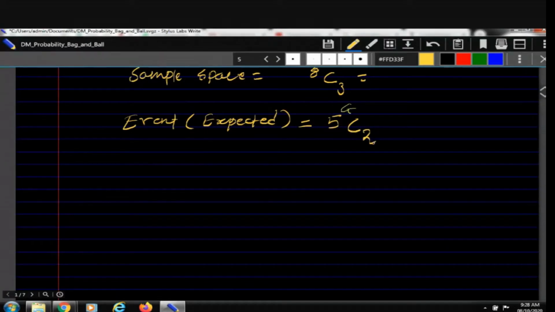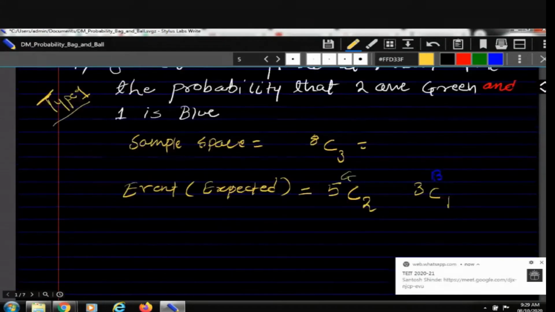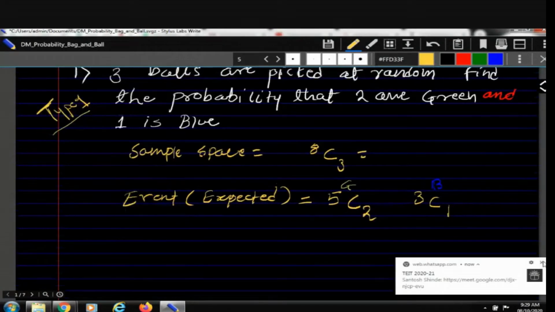Out of five, he is picking two. And for blue balls, in how many ways can he pick them? Total blue balls are three, and he has to pick one. So 3C1.